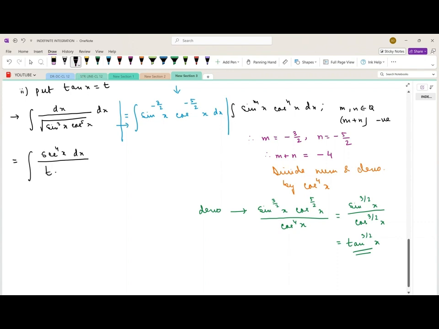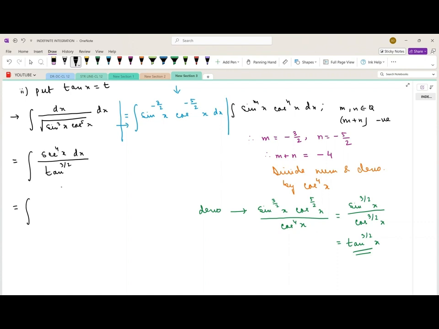In the exam also, you can show this calculation part of the denominator separately. No problem with that. Once you have attained this portion, then it becomes very easy.